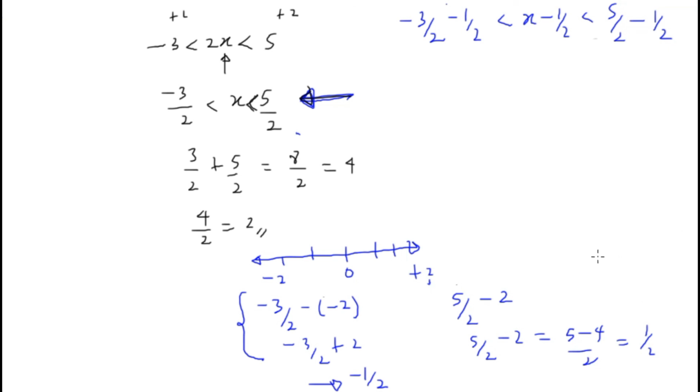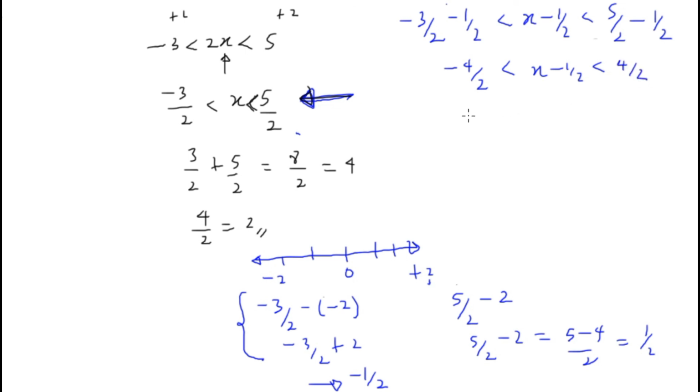Okay, so that I will have something of this nature: minus 3 over 2 minus half, that's supposed to be minus 4 upon 2, and then x minus 1 upon 2, then 5 upon 2 minus half, that's supposed to be 4 upon 2.